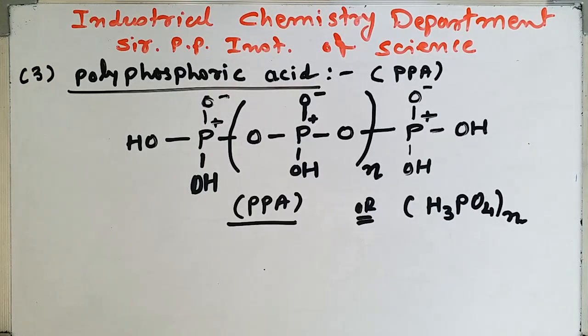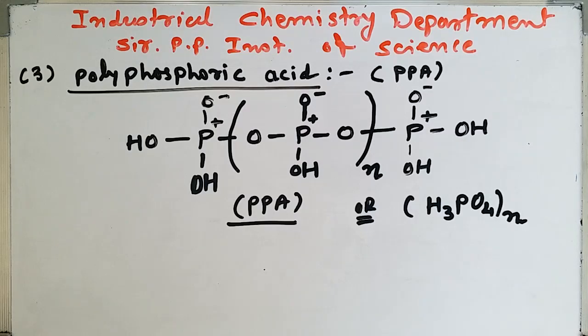When anhydrous phosphoric acid and phosphorus pentoxide are treated together, we get polyphosphoric acid.